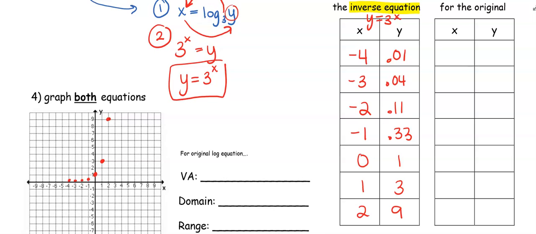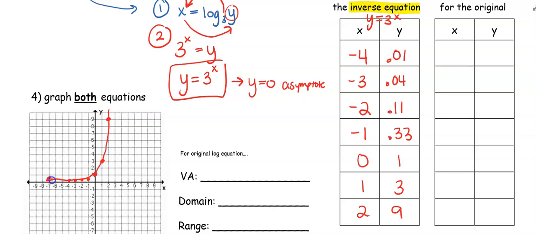As we plot these points, notice that we have y equals 0 as the asymptote. And this should be familiar. We talked about exponential growth and decay and about how those graphs have those asymptotes.